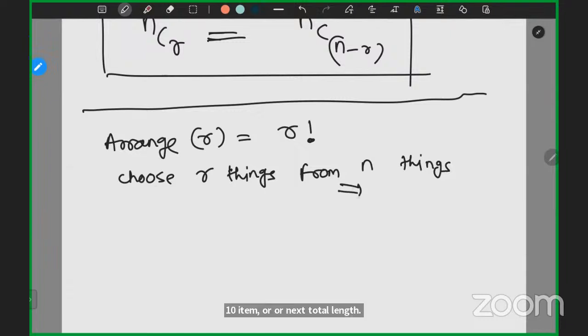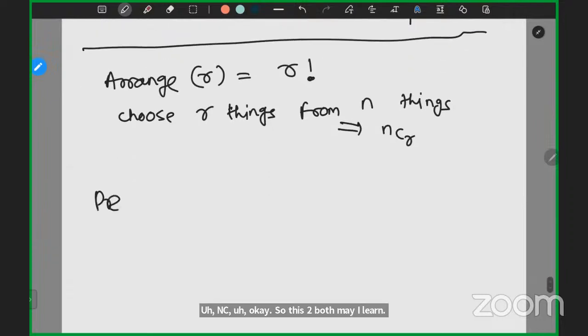Choosing is combination, nCr. So we learned both ways. Now comes permutation. So what is permutation?